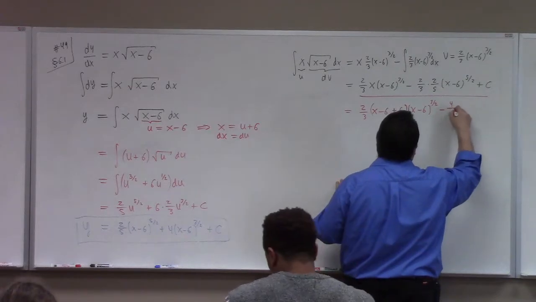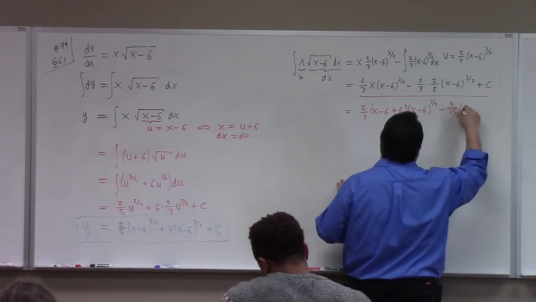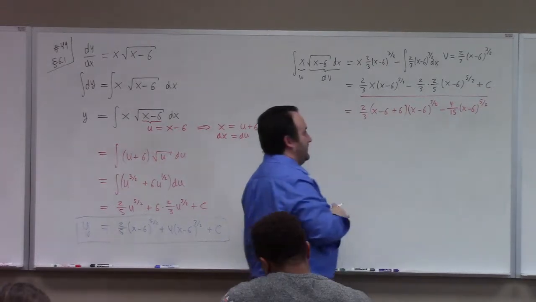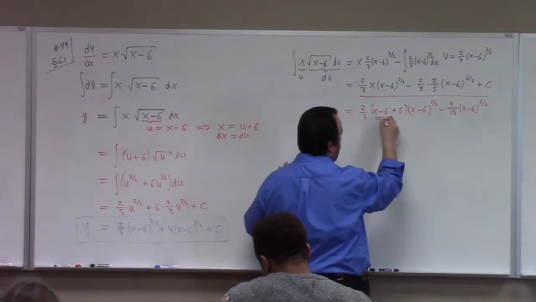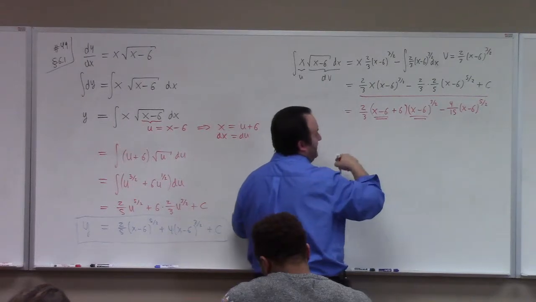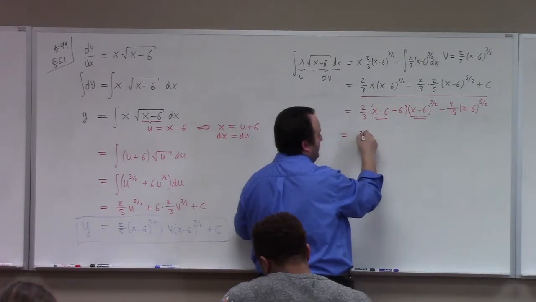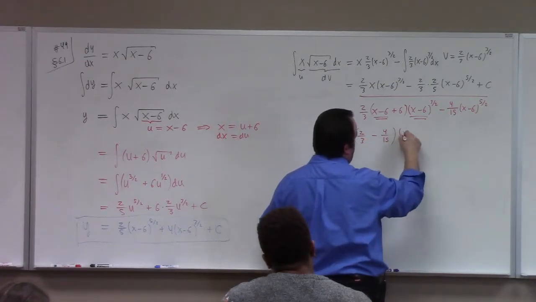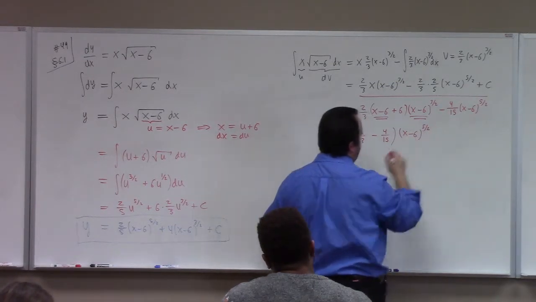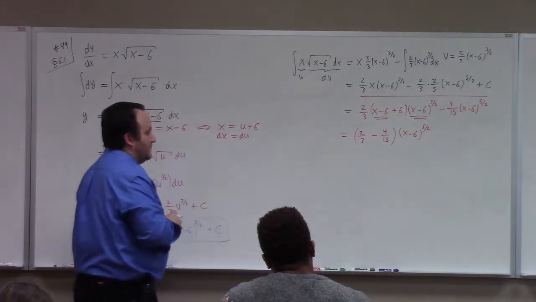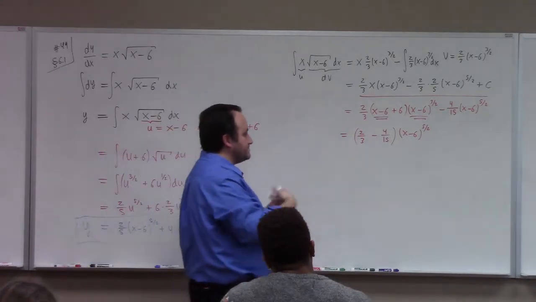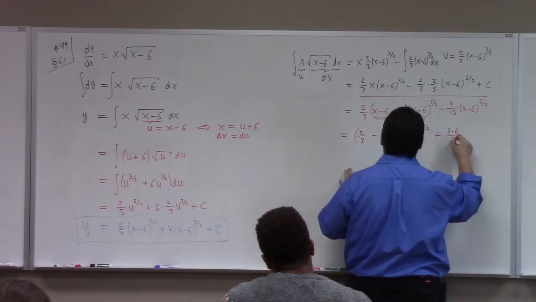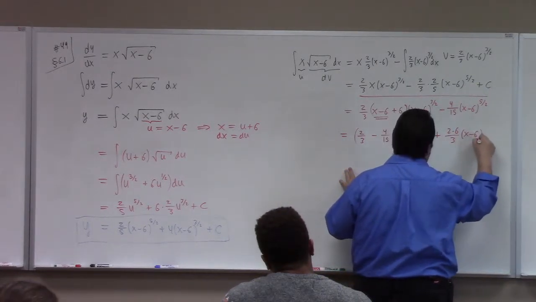Minus 4 over 15, is it, (x minus 6) to the 5/2. So you notice that this times that gives me another (x minus 6) to the 5/2. So I get 2/3 minus 4/15 times (x minus 6) to the 5/2 plus 2 times 6 over 3 times (x minus 6) to the 3/2.